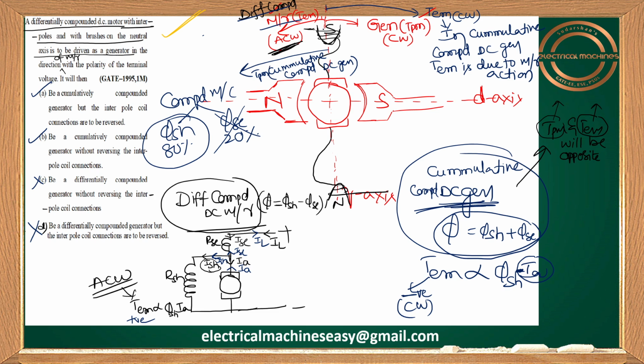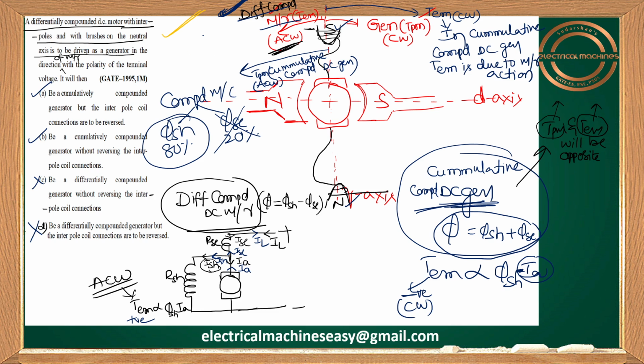Now initially this is our reference, a differential compound motor. At that time your interpole polarities are south and north here, and when it is acting as a generator, obviously the generator rotates in the anti-clockwise direction. In the question also he asked the same thing.